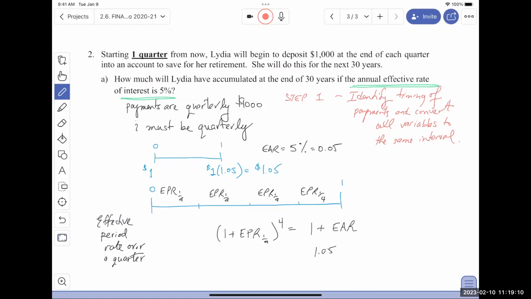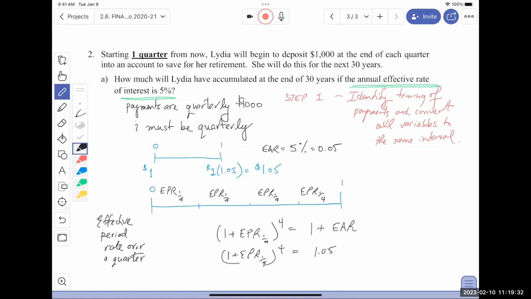So 1.05 should be equal to the number I'm looking for plus 1 to the power of 4. So you just have to solve this expression. If you have to do that every time to solve a problem, do it every time. Some students just memorize the formulas or they learn the formula for this, but basically this is the interest rate conversion you need to do.